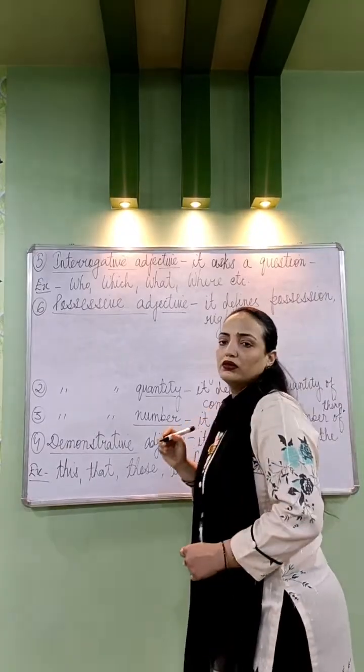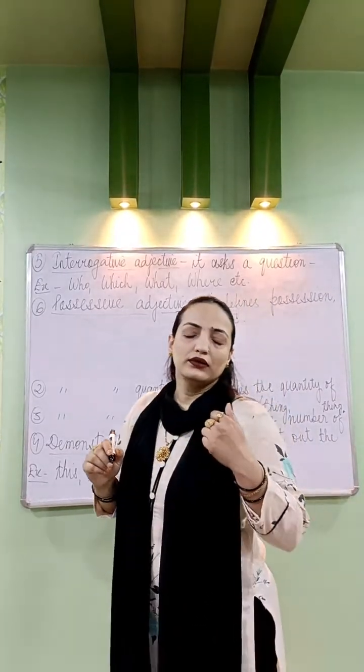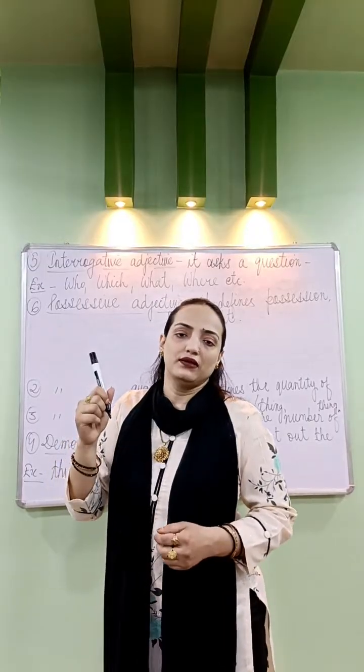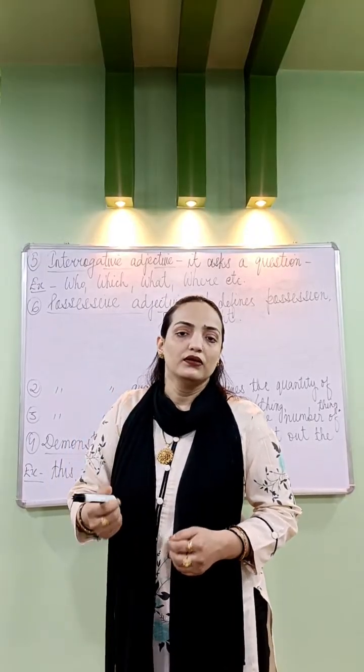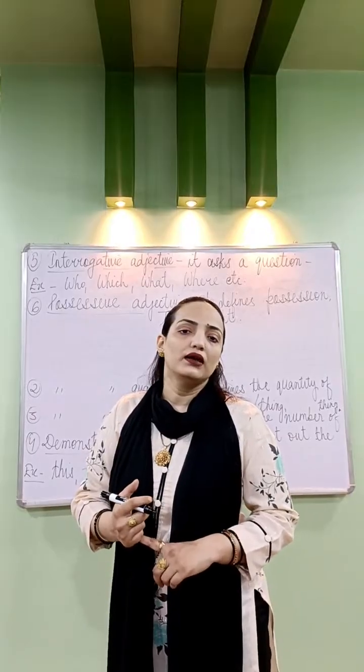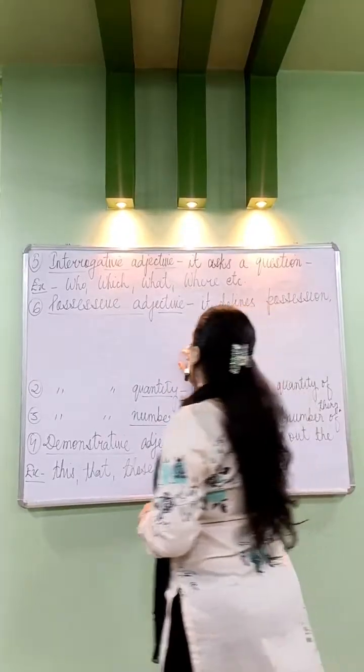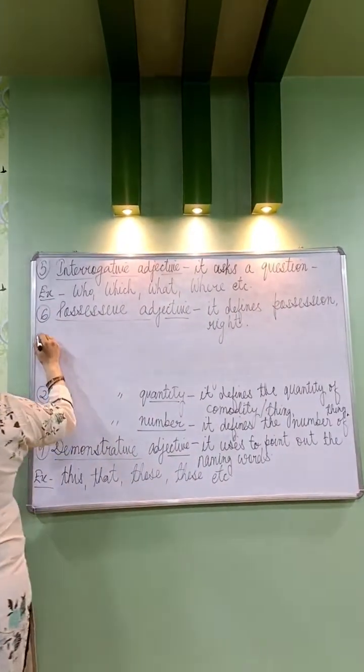जैसे कि मैं कहूँ this is my book, that is your bag, which is your pencil, which is your pen. So these are the few examples of possessive adjectives. So we can take one example, any out of it.